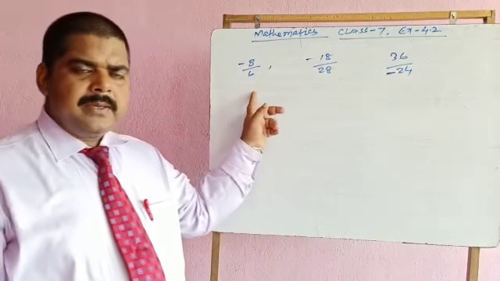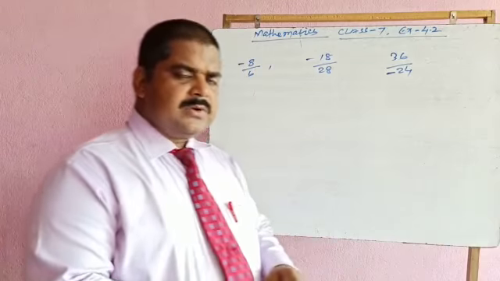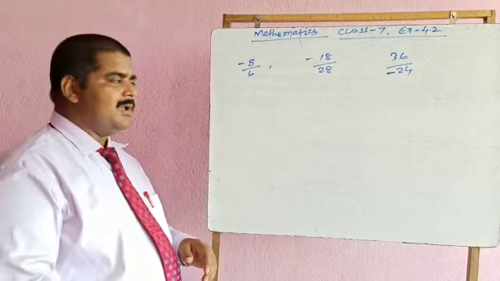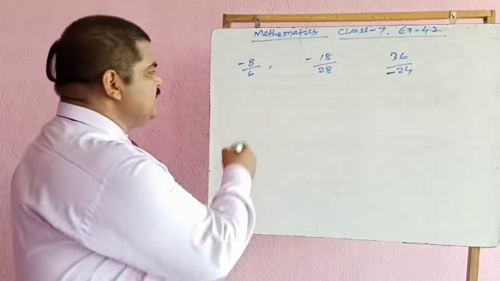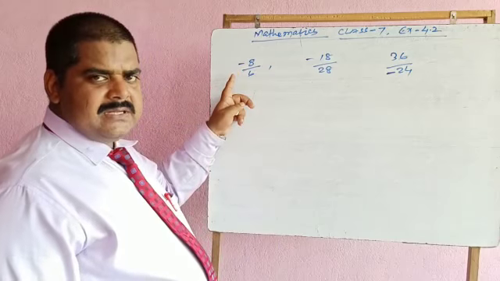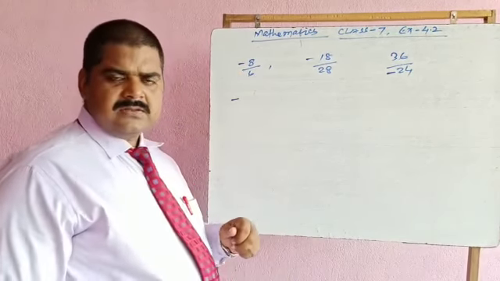The first question is to convert into simplest form, and the second and third questions are to convert into standard form. In simplest form, you have to just ignore the sign and write minus 8 upon 6.